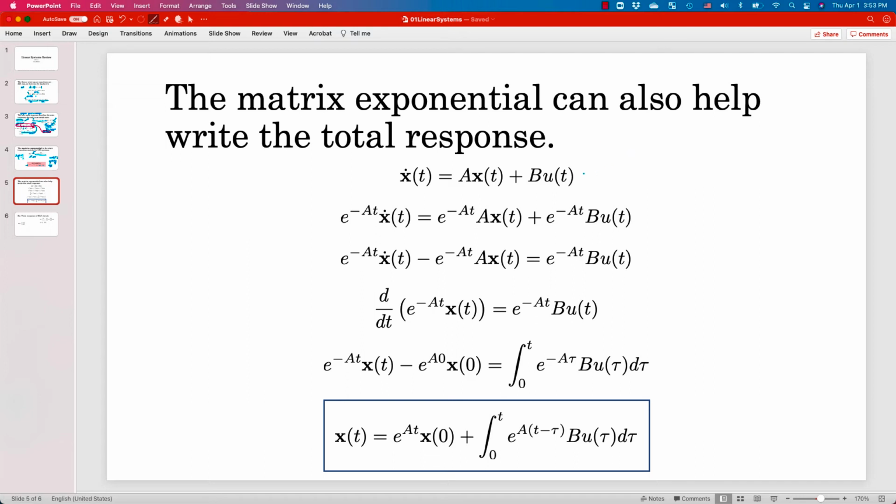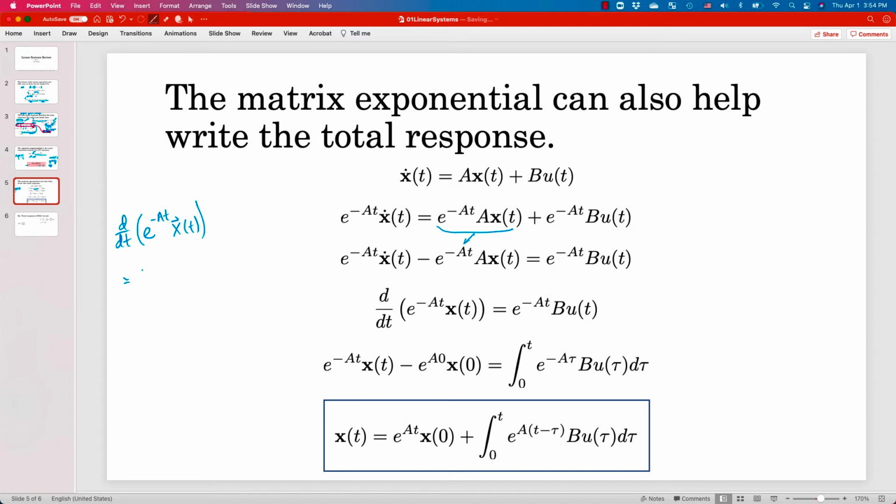So we are now no longer assuming any of these terms are 0, but what we are going to do is left multiply both sides by this matrix exponential. And then I think this just gets moved over to the other side of the equal sign. And then the key observation here is that when I take this derivative, so let's look at d/dt of the product of these things, this is an opportunity for the product rule.